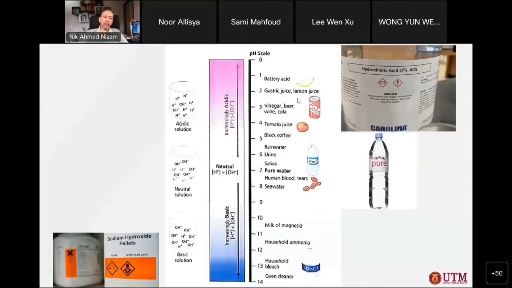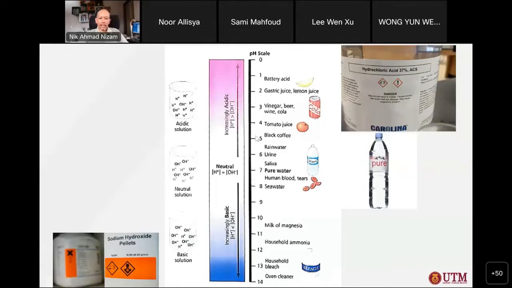Gastric juice, or stomach fluid, in our stomach is very acidic. Its pH is 1.3. Why? Because the purpose of gastric juice is to decompose the food that we eat.